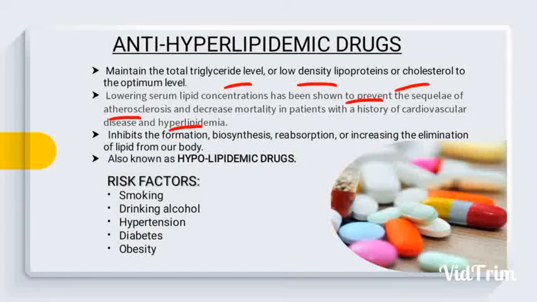They inhibit the biosynthesis, reabsorption, or increase the elimination of lipids from our body. They are also known as hypolipidemic drugs. The risk factors include smoking, drinking alcohol, hypertension, diabetes, and obesity.